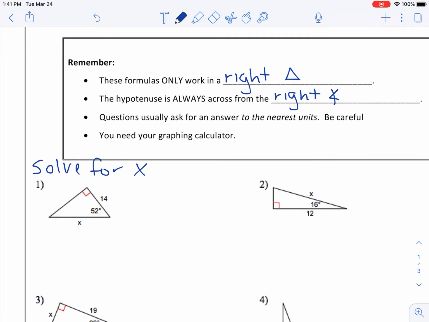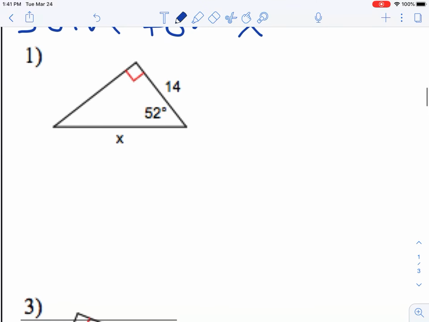The first thing I want you to do, take your time, I'm not going to give you that much work, is label your sides. So here I am, I'm standing at the 52-degree angle, which means this is my opposite side. Across from the 90-degree angle is my hypotenuse. And then the 14 here is my adjacent side.